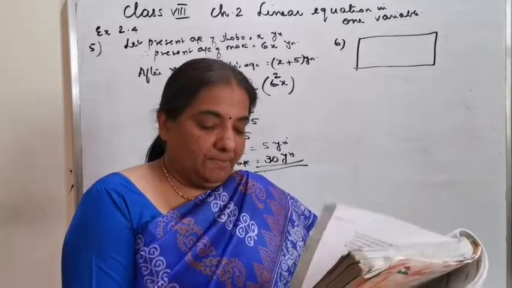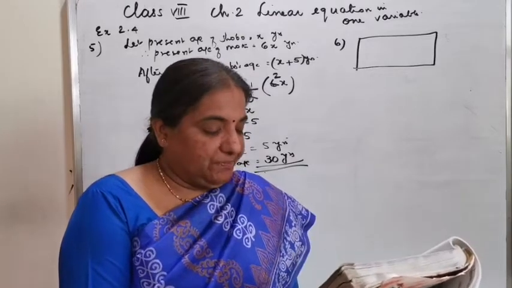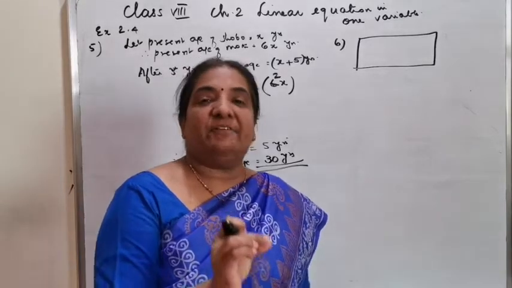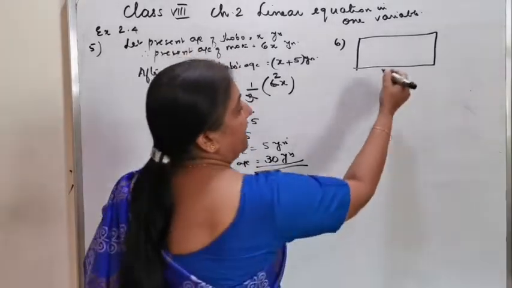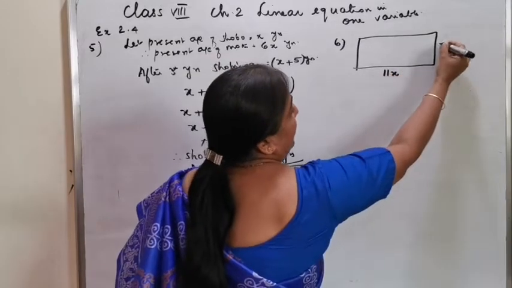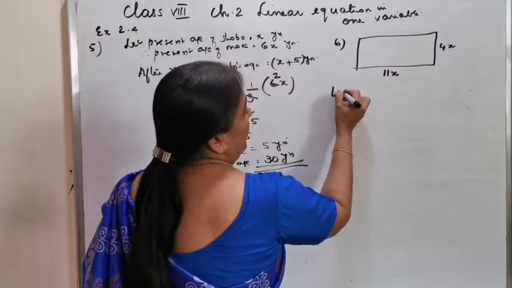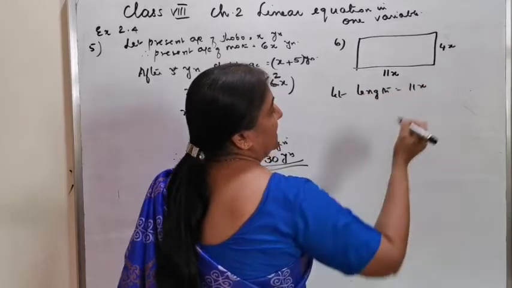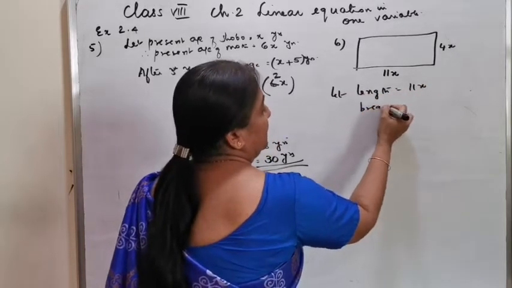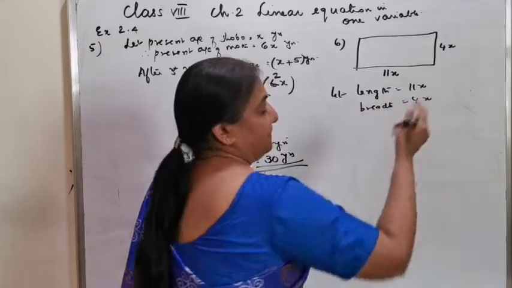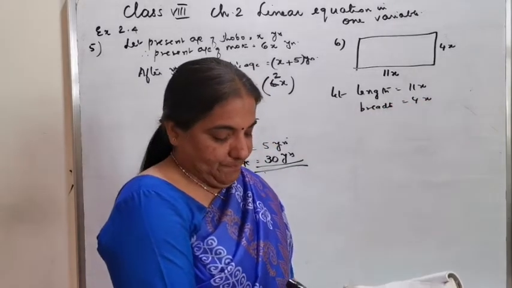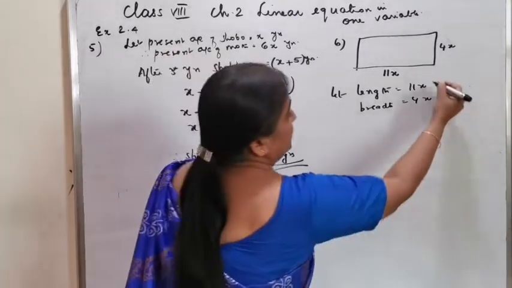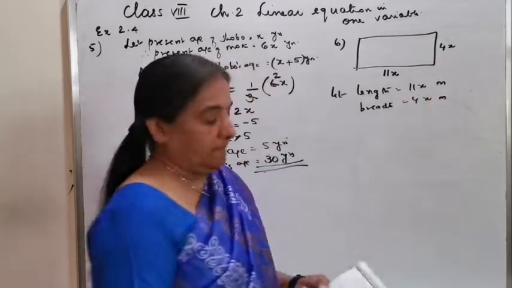Reserved for a school in Mahuli village. The length and breadth of the plot are in the ratio 11:4. Immediately the length you can take as 11x and breadth you can take as 4x. So let the length be 11x and breadth be 4x, and it is in meters. 4x meter and 11x meter.